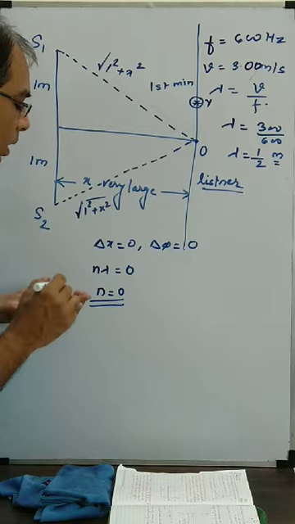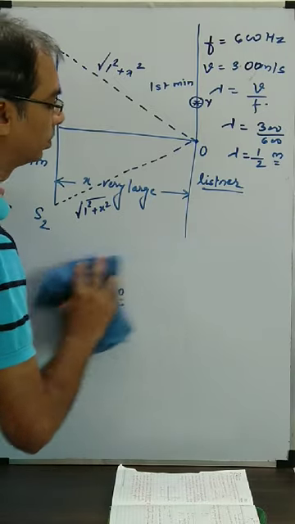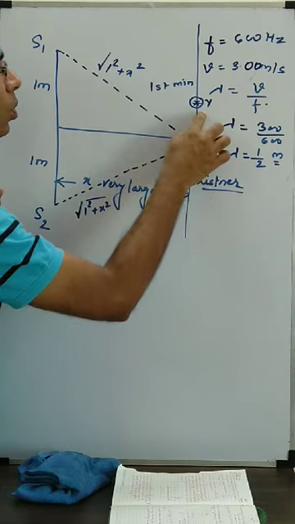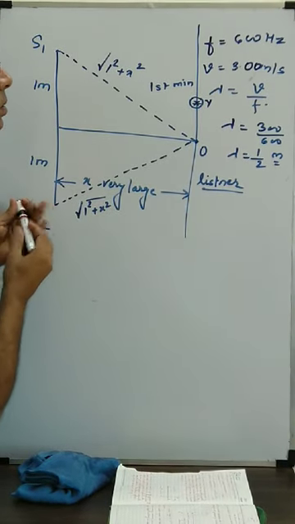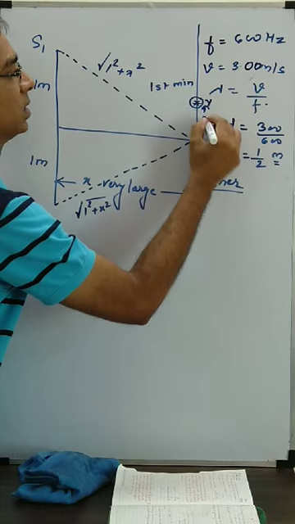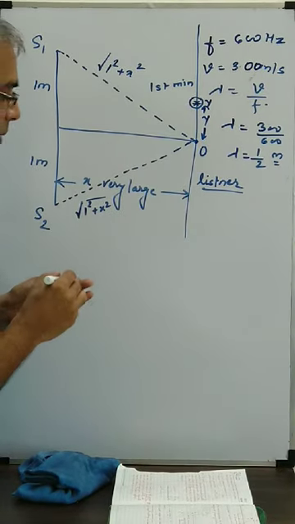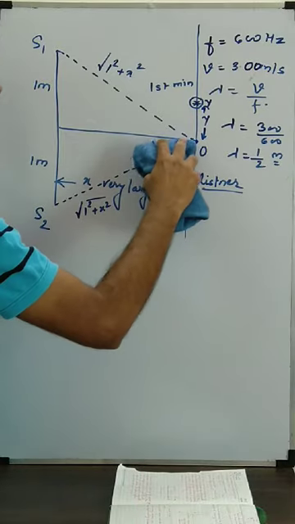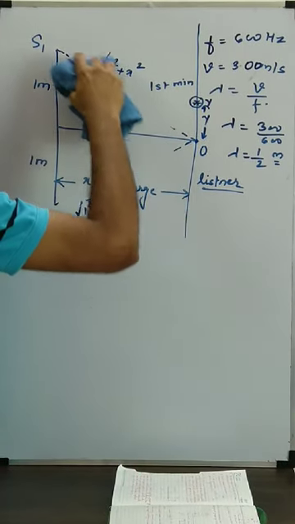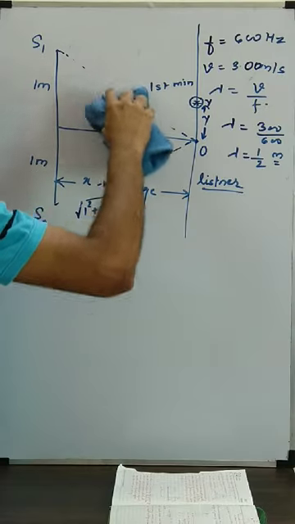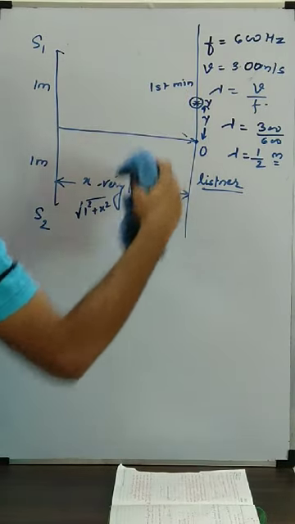Now since the question is asking us the first minimum when you cross O, let's say this one, at this particular point, this distance is y, at this point we are going to get the first minimum. So if at that point we are getting the first minimum, then what we have to do? We have to join that point with both the sources, saying that the wave is traveling in that particular path only.